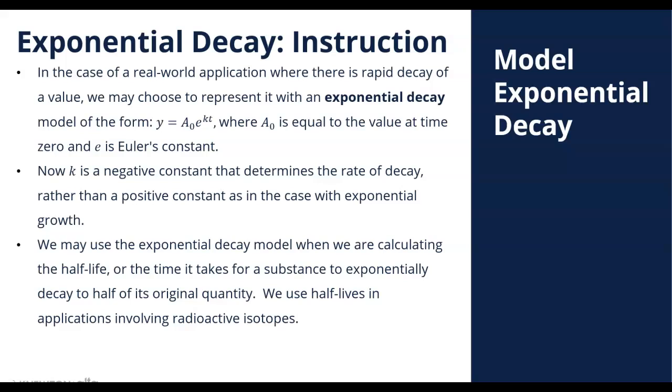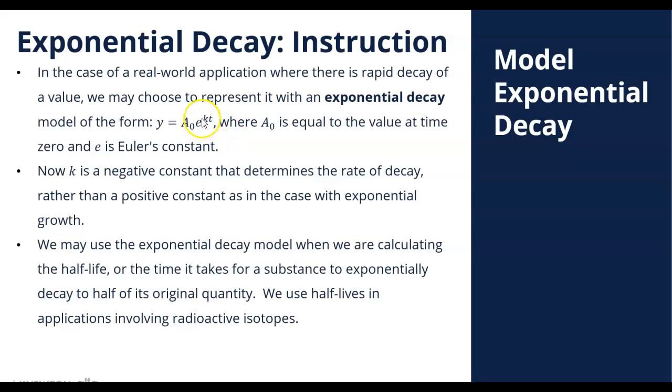Now, in the case of a real-world application where there is a rapid decay of a value, we choose to represent it with an exponential decay model of the form y equal to a sub 0 e to the kt, where a sub 0 is the initial value. This is equal to the value of y when t is equal to 0. And this e here is Euler's constant.